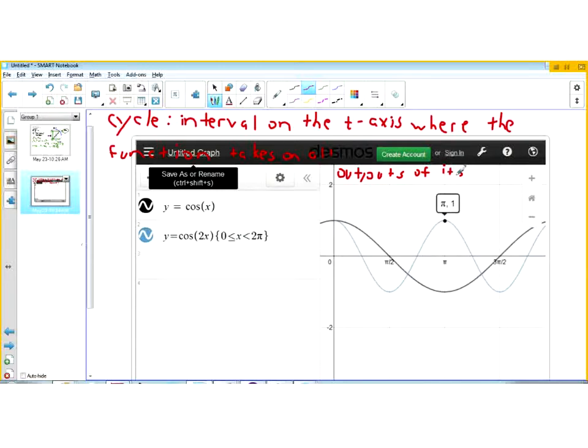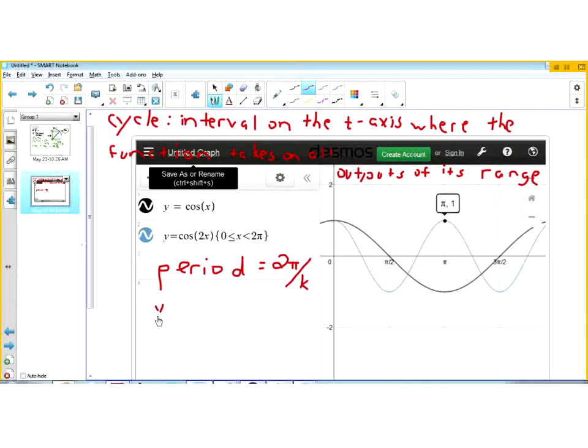All right, now the cycle is often called the period. So cycle, period, those two words are used interchangeably. So now, if we multiply the argument by 2, then the cycle length, or the period, is now pi. And so the formula for the period for sine, cosine, secant, and cosecant, and you should probably memorize this and understand it as well, is 2 pi over k.